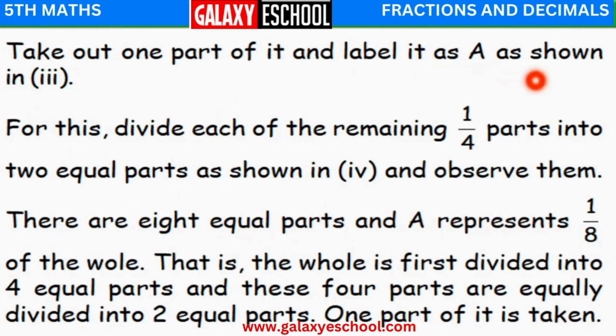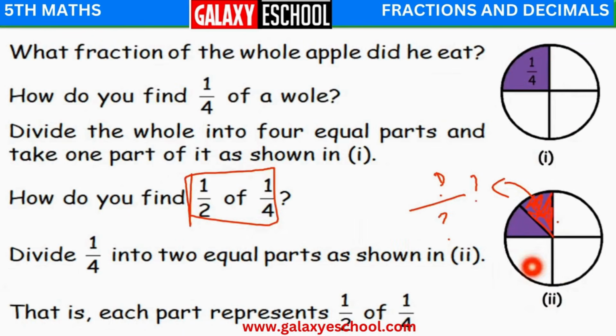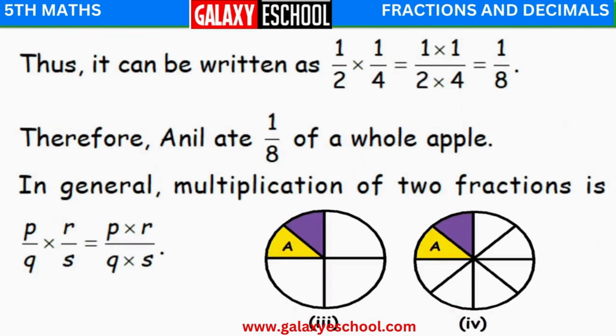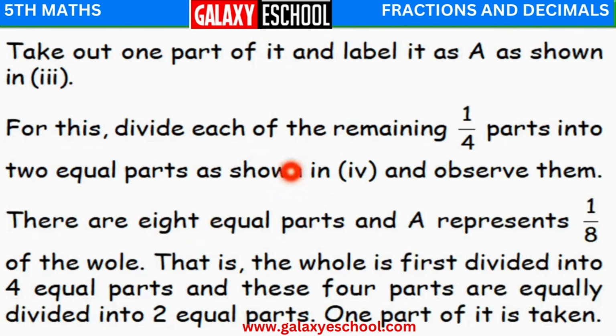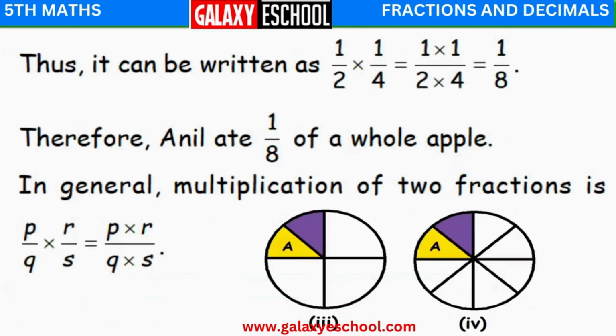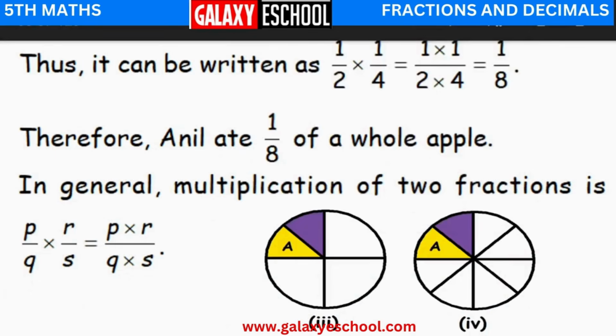Take out one part of it and label it as O, A as shown in figure 3. So this is the part that he ate, A. Now for this, divide each of the remaining 1 by 4 parts into 2 equal parts as shown in figure 4 and observe them.